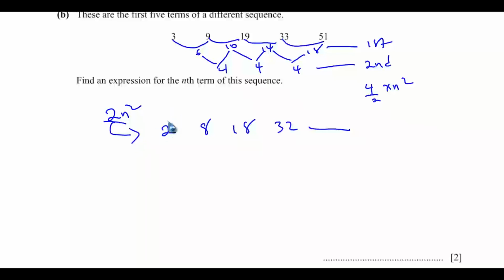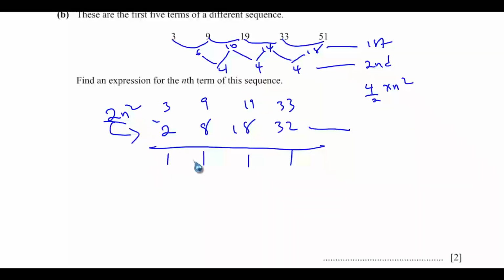So let's compare it with the initial sequence. Let's write the initial sequence up. We have 3, 9, 19, 33. Let's subtract to get the difference: 1, 1, 1, 1. Since we have 1 all through, that means the nth term will be equal to 2n squared plus 1.